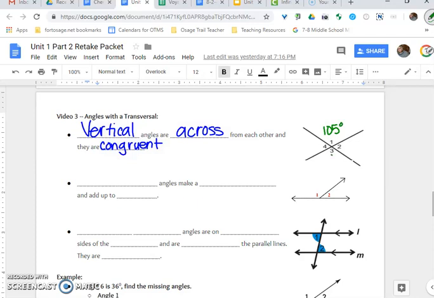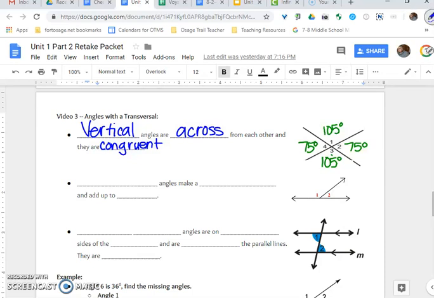Angle 3 is its vertical angle, so it's across from it, which means angle 3 would also be 105 degrees. But there's 2 sets of vertical angles in this diagram. So, for example, if angle 2 was 75 degrees, then that means angle 4 would also be 75 degrees because it's across from angle 2.